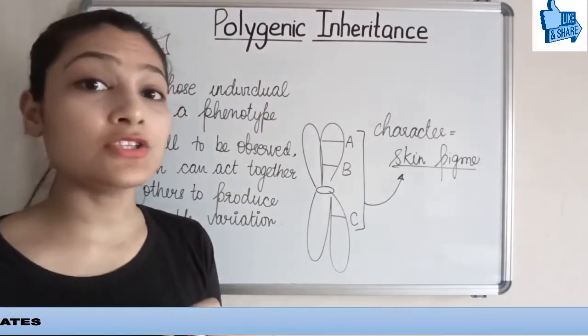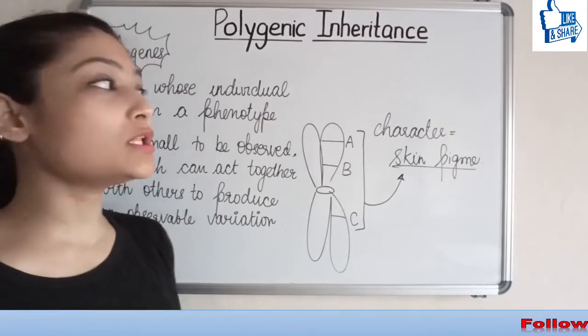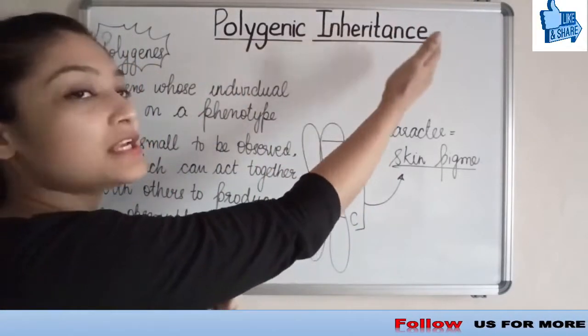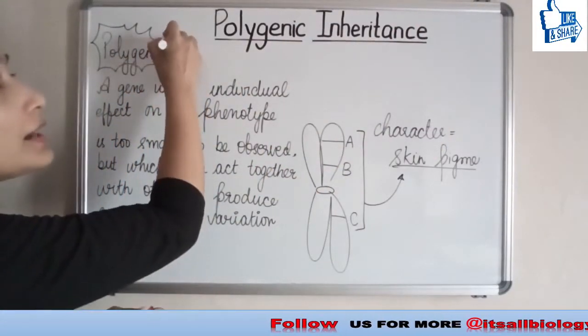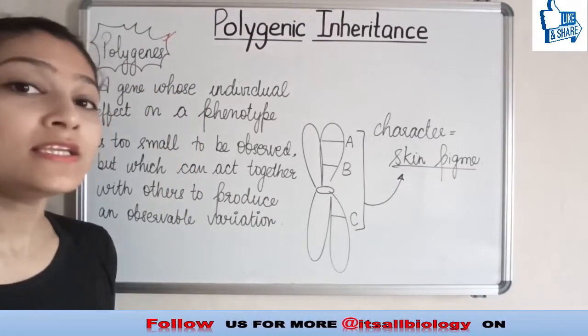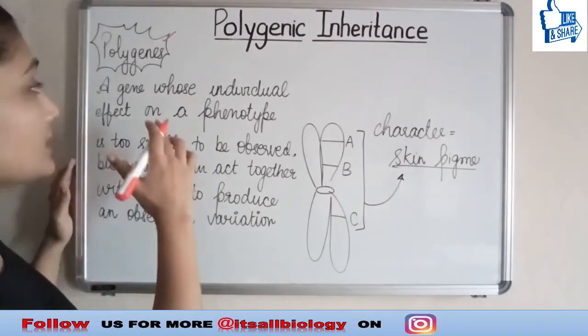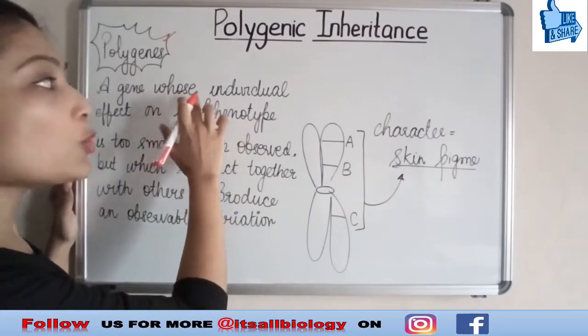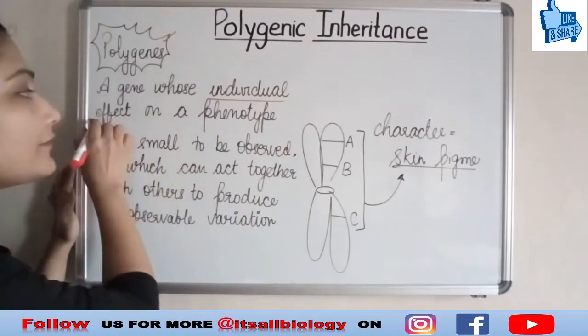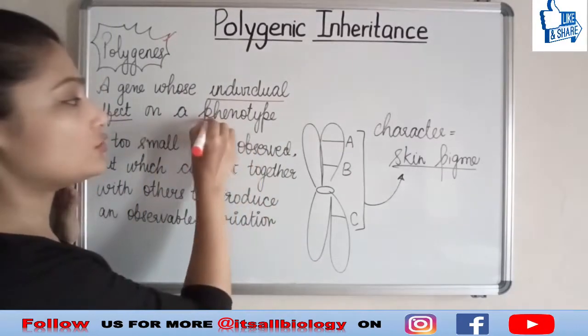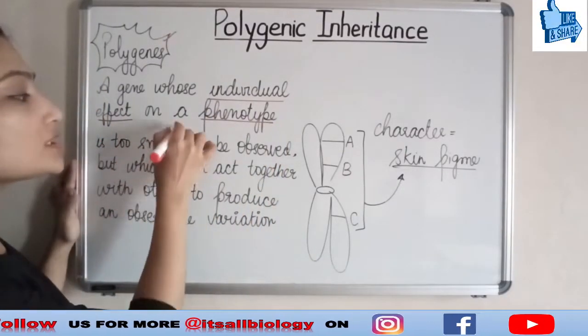So students, the genes which are responsible for causing polygenic inheritance are termed as polygenes. Now let's see what these polygenes are. It is a gene whose individual effect on a phenotype is too small.